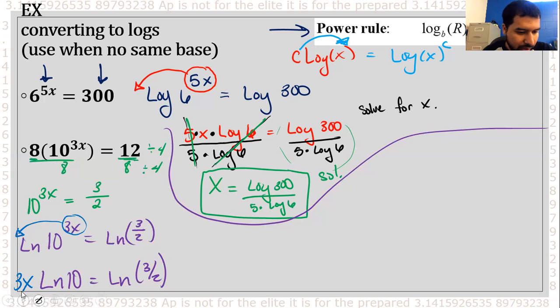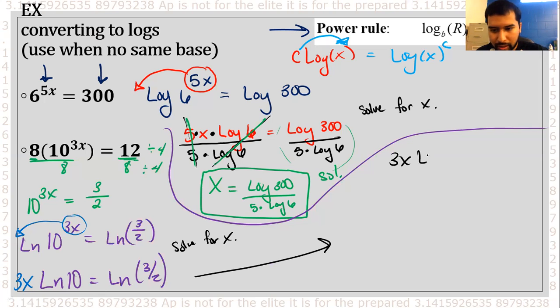All we have to do now, guys, is solve for x. So I'm going to divide. We have 3x ln of 10 equals ln of 3 halves, so I'm going to divide by 3 times ln of 10.